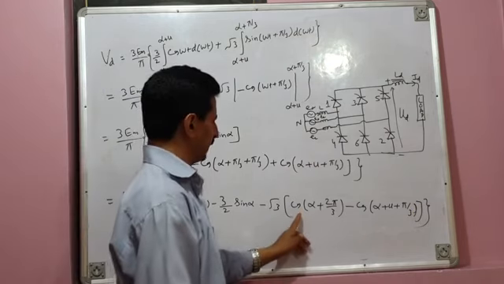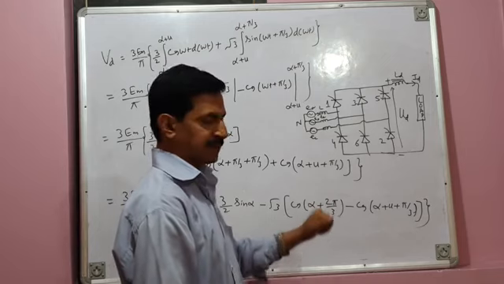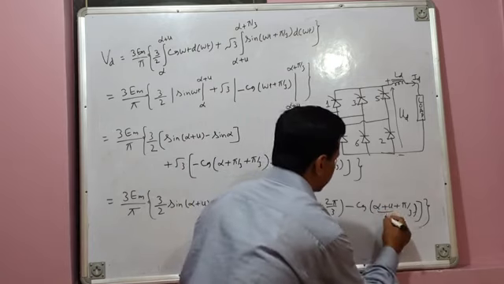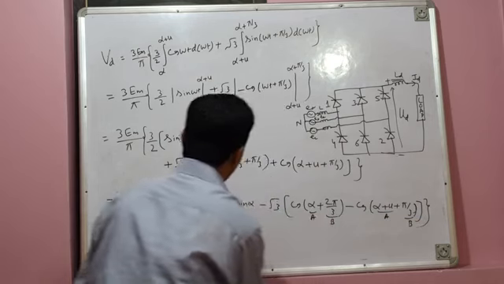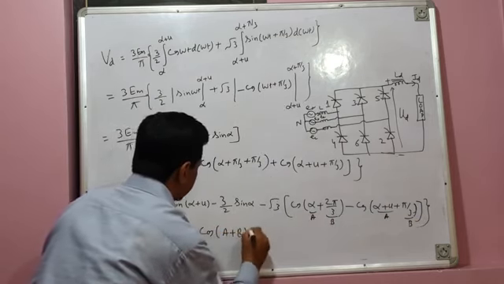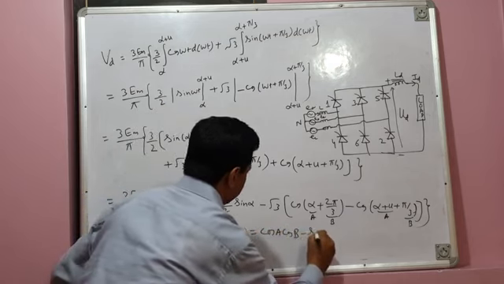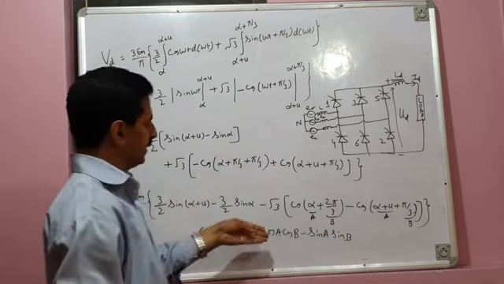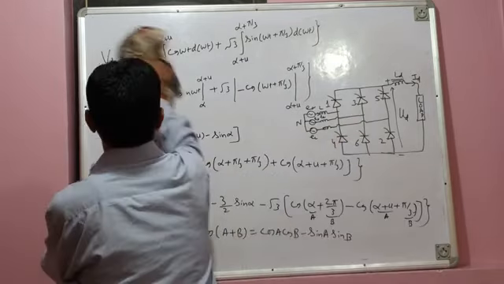So this is cos of alpha plus 2 pi by 3; take this as a and this as b, so this is cos of a plus b. Similarly, this is cos of alpha plus u plus pi by 3, where you can take this as a and this as b. And we know the trigonometric identity: cos of a plus b is equal to cos a cos b minus sin a sin b. Using this identity for these two terms, we get like this.